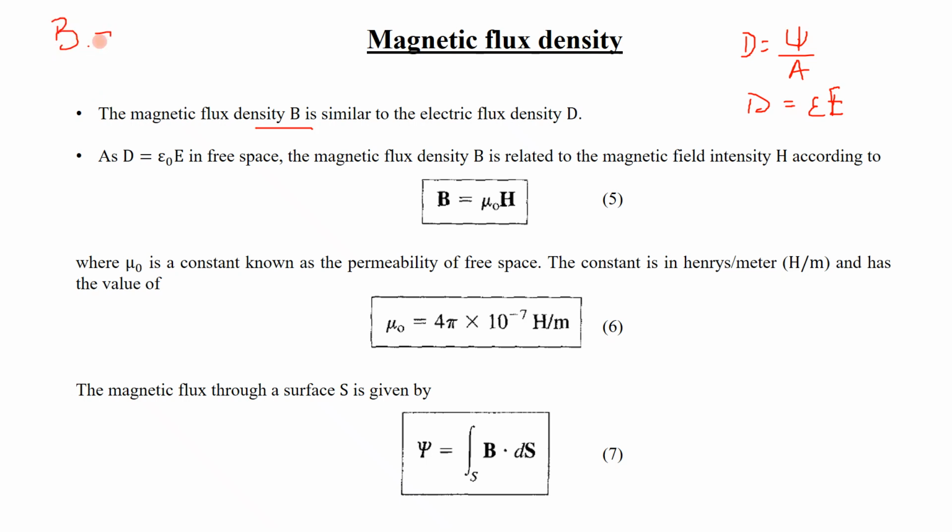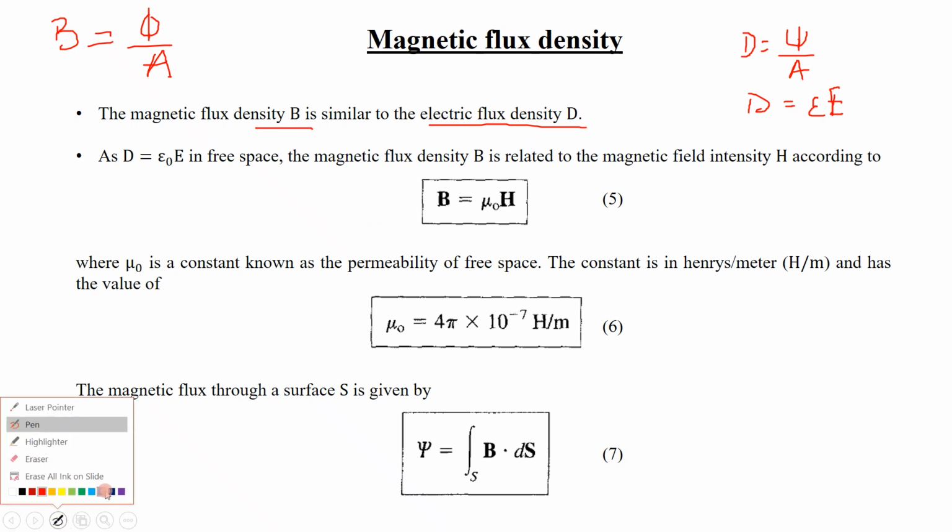Here B is the magnetic flux density. That means B equals magnetic flux per area. Similar to electric flux density, because both are similar: this is a magnetic flux and this is an electric flux. Okay, two fluxes are there.